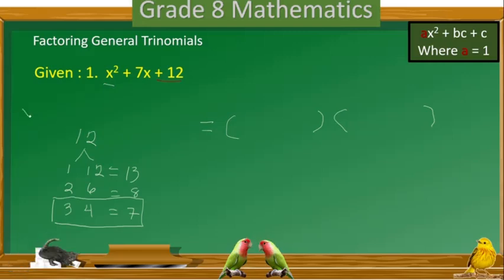When we say x squared, its square root is x, so we will put x in the first parenthesis as well as the second parenthesis. Then we'll put the 3 and the 4. Since these are all positive, we write positive 3 and positive 4. Okay, this is the answer.